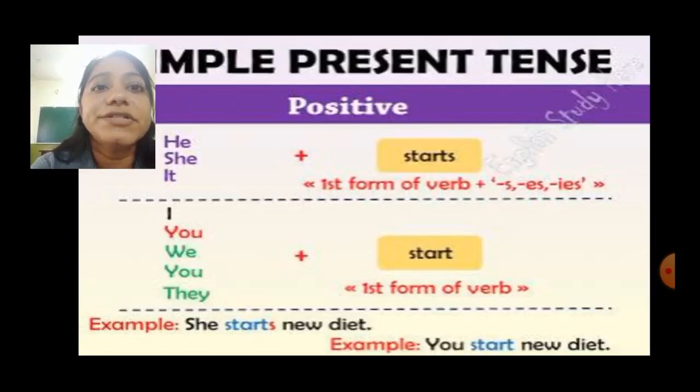So, simple present tense, positive sentence, for he, she, it, we will add s, es, ies, etc. For example, starts.